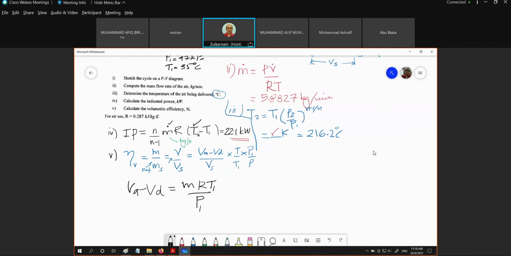So we need to rewrite the VA minus VD in terms of VS, then cancel off the VS. We couldn't get it in terms of value. Same goes for VS, we don't have any value of VS. So we need to convert VA minus VD in the function of VS.